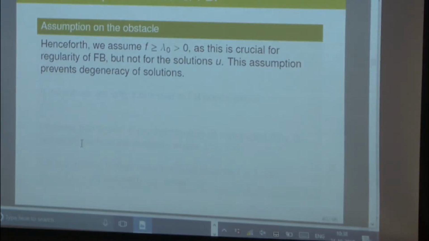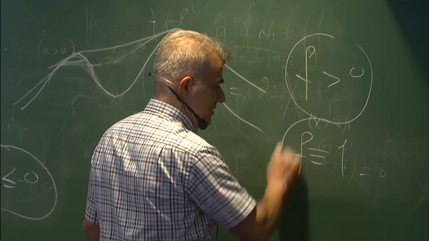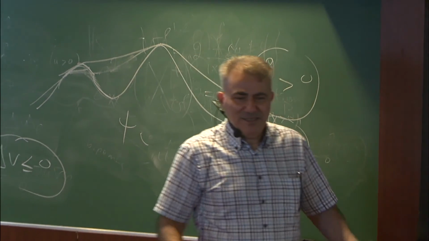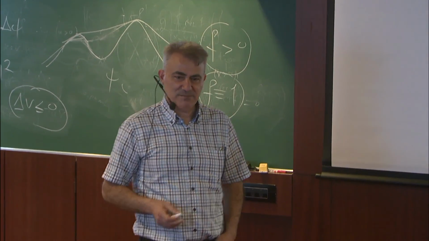So we're assuming f is positive. From now on, f is positive. And I will actually soon set this to be 1, because, I mean, 1 or positive is the same thing if you're C^alpha.